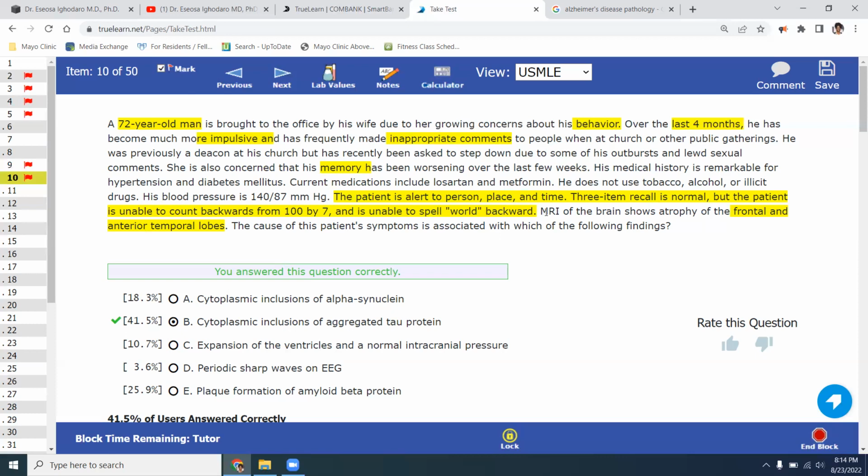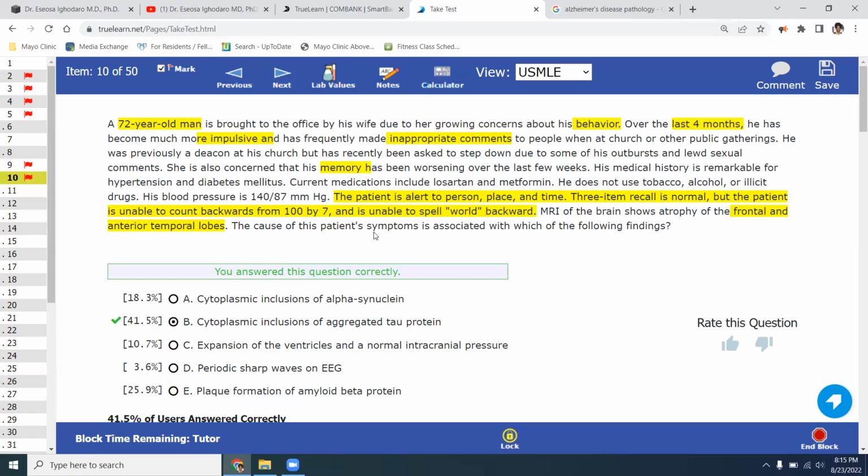So this gentleman has atrophy of his frontal and anterior temporal lobes. And this is consistent with what I had mentioned previously, because I mentioned that he has behavioral dysfunction, and that's something you see typically in processes that affect the frontal lobe.